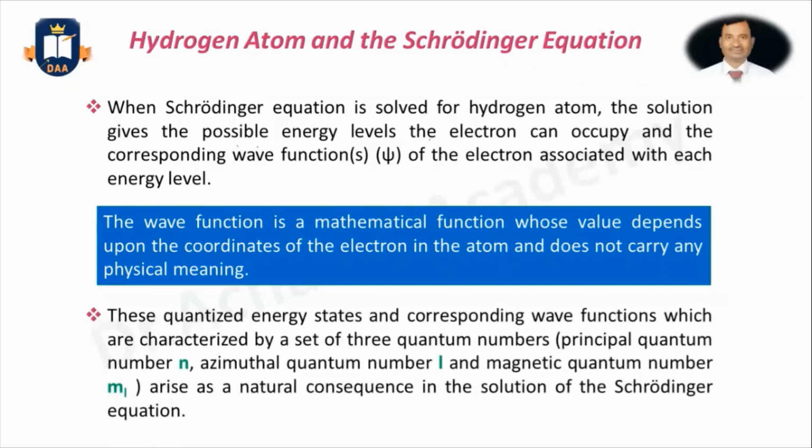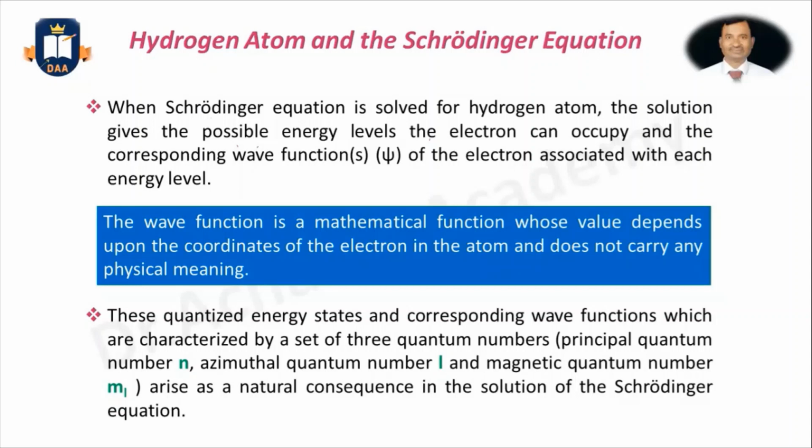So these quantized energy states, with which the electron is associated, and the corresponding wave functions are characterized by a set of 3 quantum numbers.